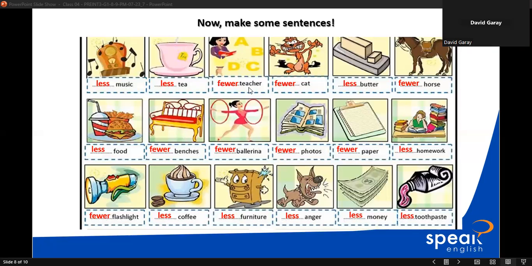What is anger? Anger. There is less anger than this, than the other street or other dog.